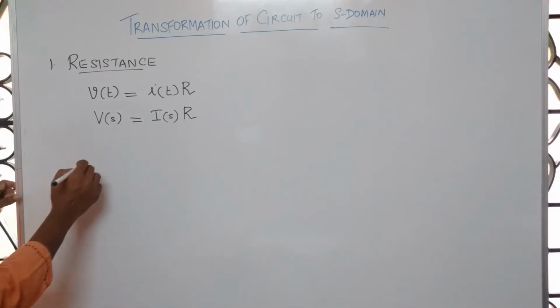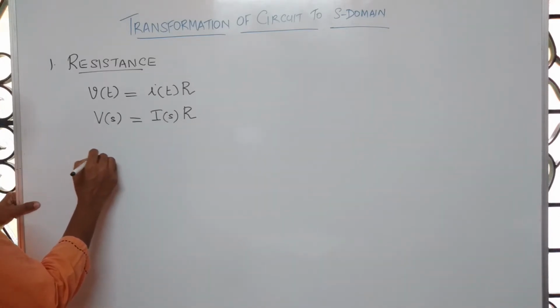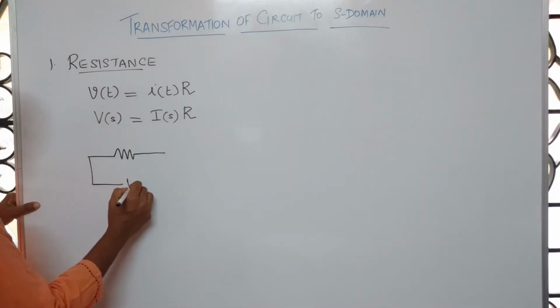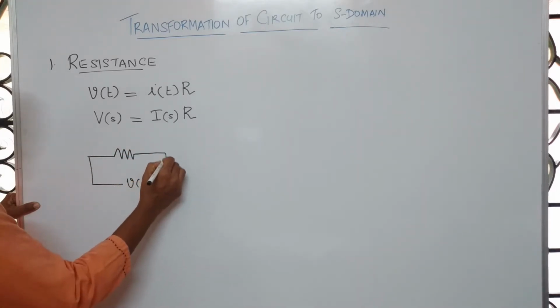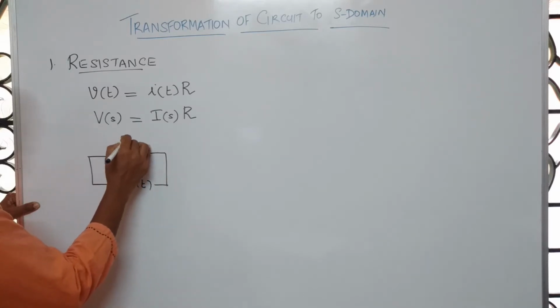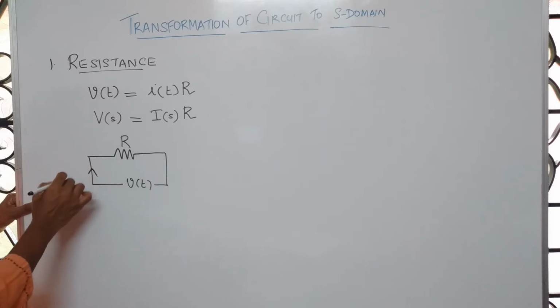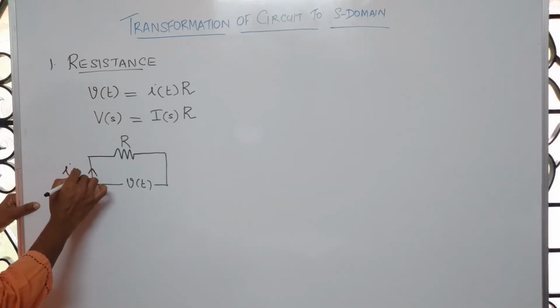That is, you can represent, suppose we have a resistor R and you are applying a voltage V of t across this, resulting in a current I of t.